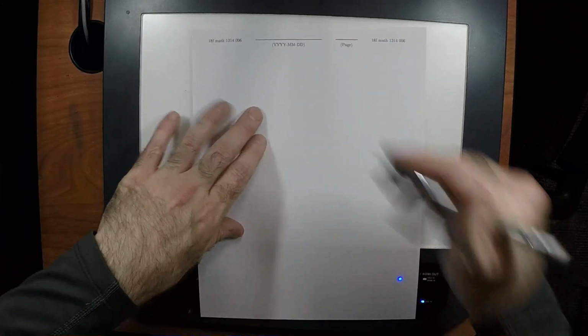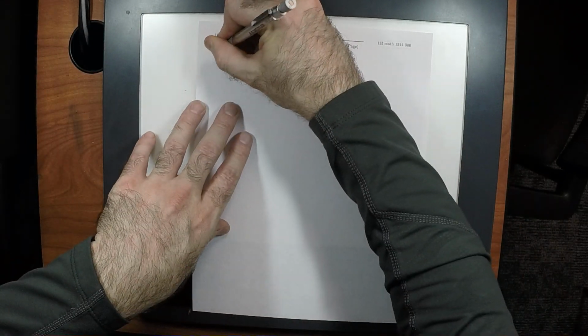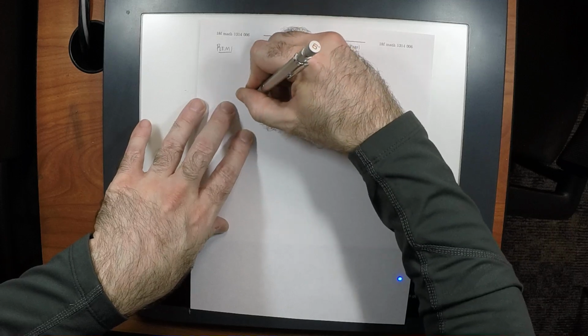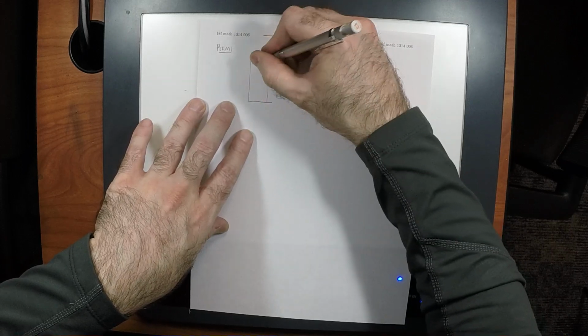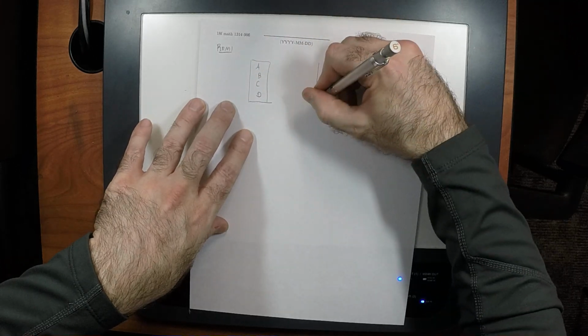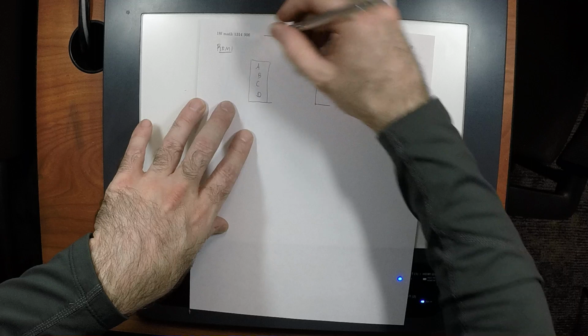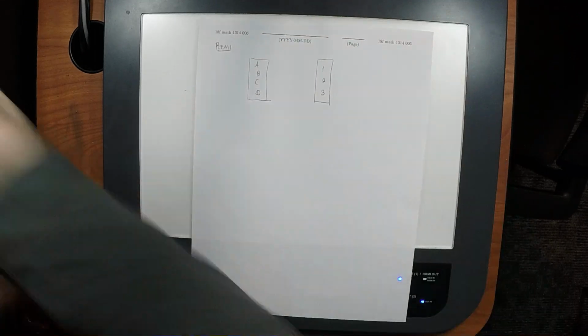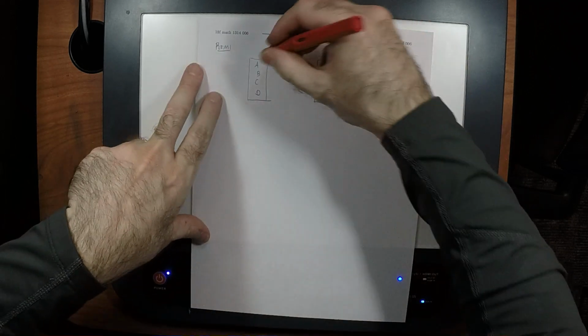So now, here we've got an idea. What about the following function? Suppose we've got a function with a domain a, b, c, d, and a range 1, 2, 3. And suppose that this is the mapping.